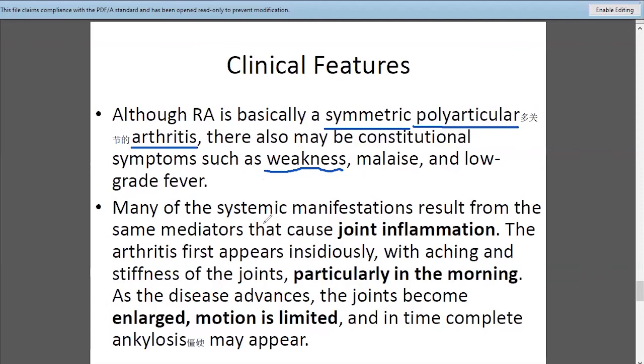Joint inflammation causes general body weakness and fever and other symptoms. But the main symptoms happen first in the joint part. People feel joint pain and stiffness of the joints. That mainly happens first.